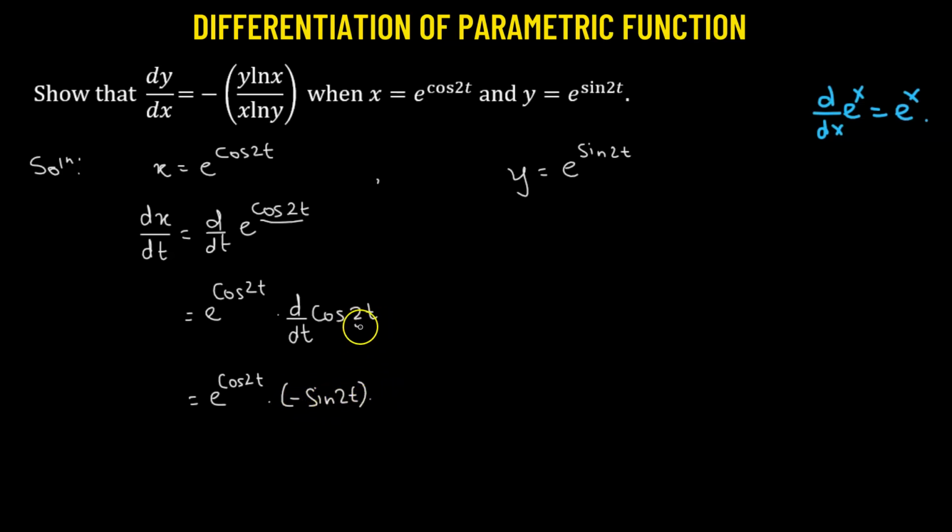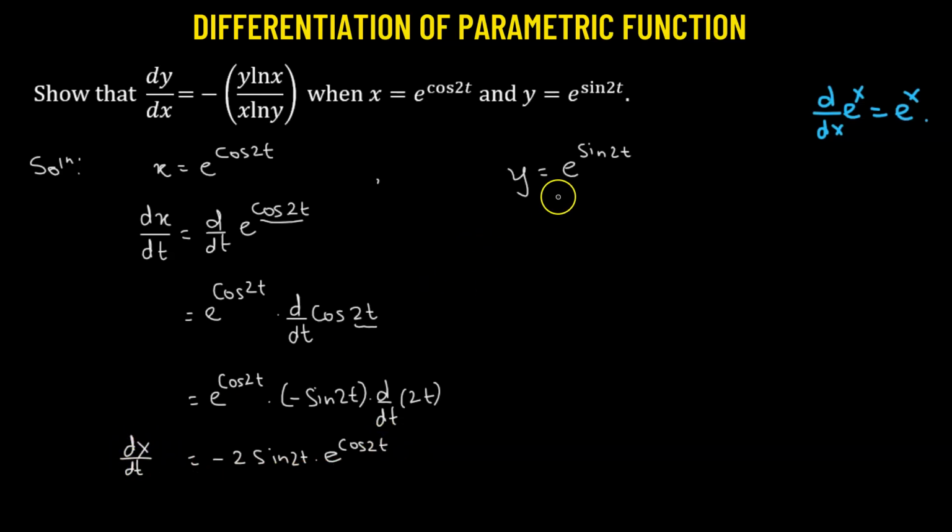Again, we'll need to use the chain rule because we have 2t instead of t. So we'll have the derivative with respect to t of 2t. The derivative of 2t is 2. We have this negative sign. So this will become negative 2 times sine 2t multiplied by e raised to the power of cosine 2t. So this is the value of the derivative of x with respect to t.